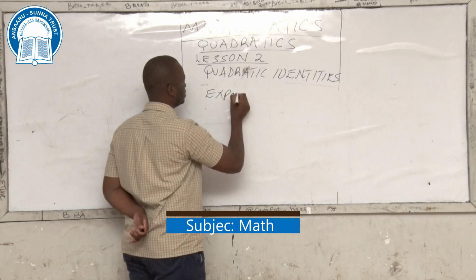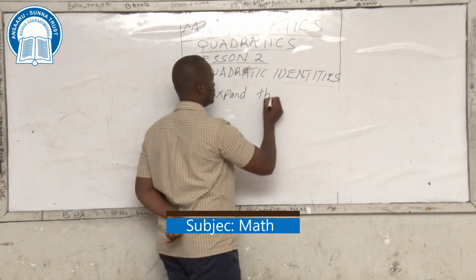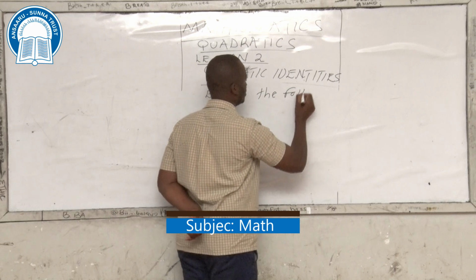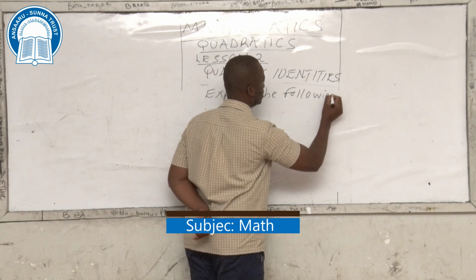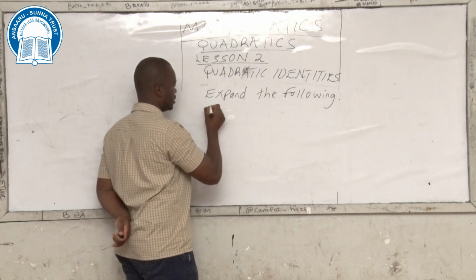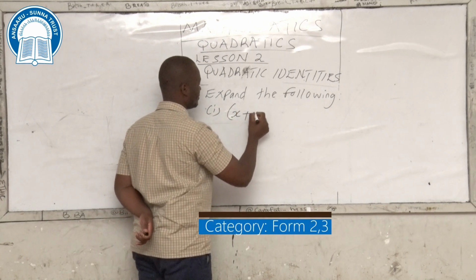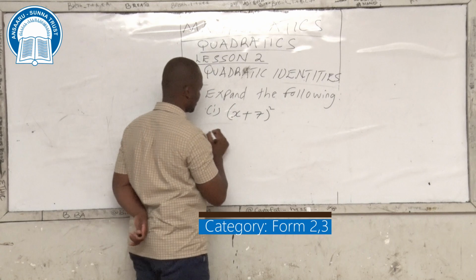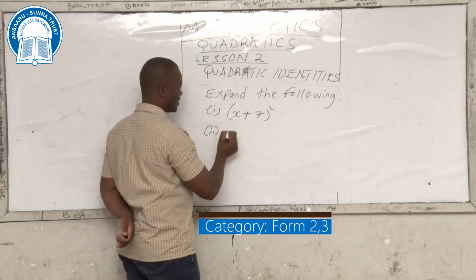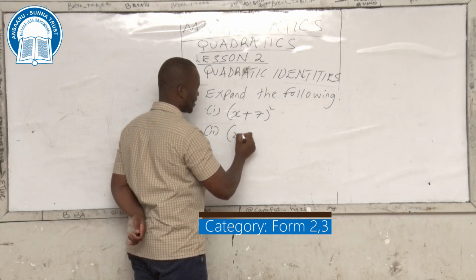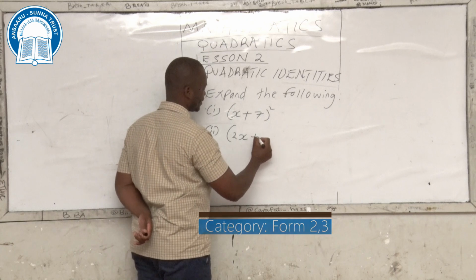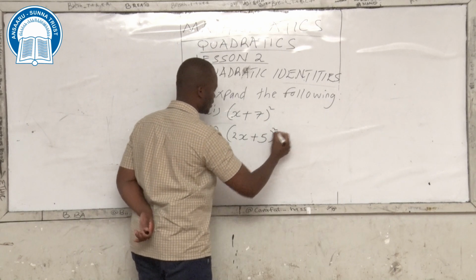You are told to expand the following. So we have Roman 1, (x + 7) squared. Roman 2, now I'll change them a little bit, we have (2x + 5) squared.